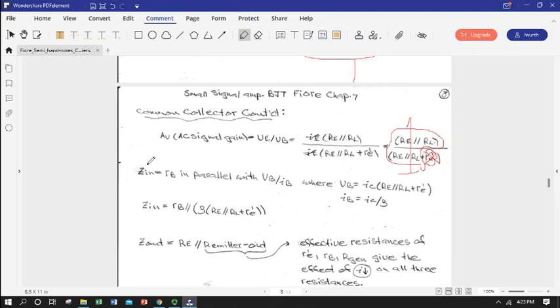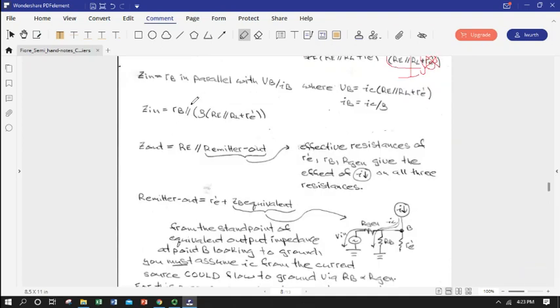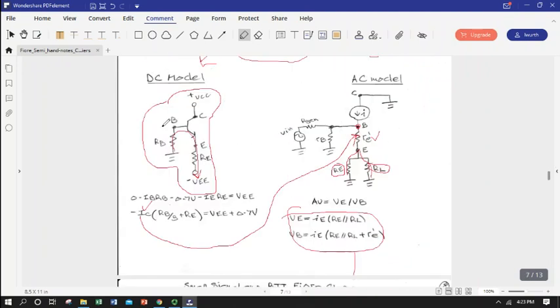Okay, so we can walk through our circuit and do the same kind of thing in defining our input and output resistance. So we can start with our input resistance, our input impedance, and we see we're going to have a pretty similar situation as we did with our common emitter. If we're looking in at the input, how many ways do I have to get to ground? I can flow straight down through the base resistor, or I can enter the base and flow to ground along with a collector current over all of these resistors.